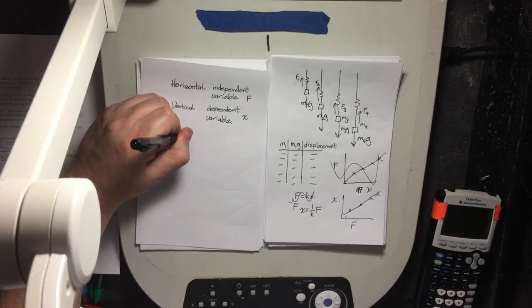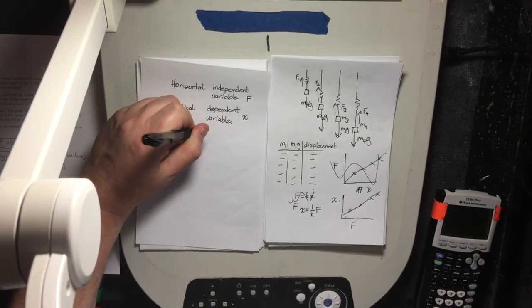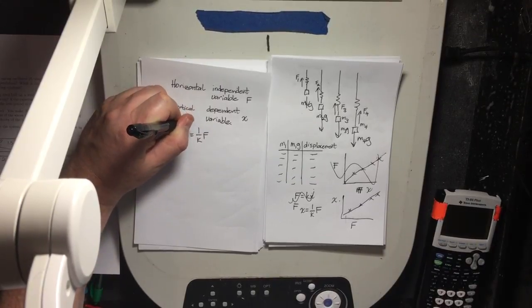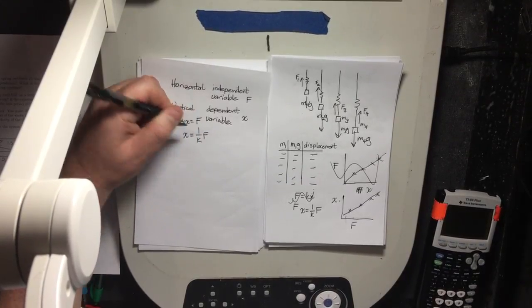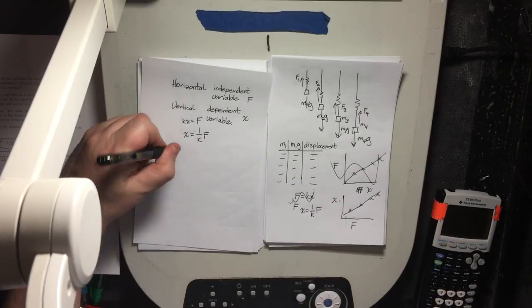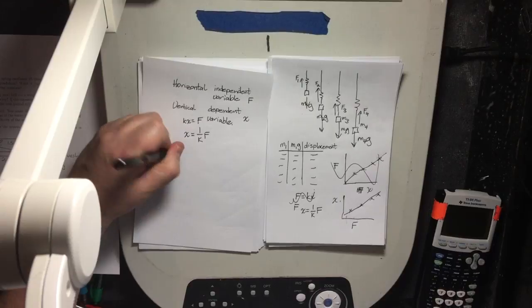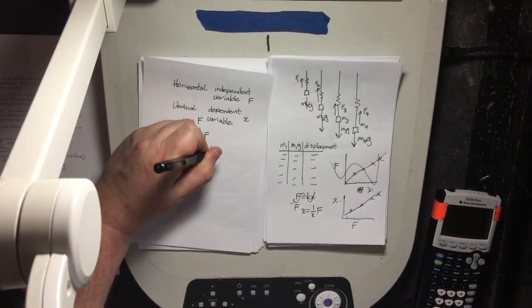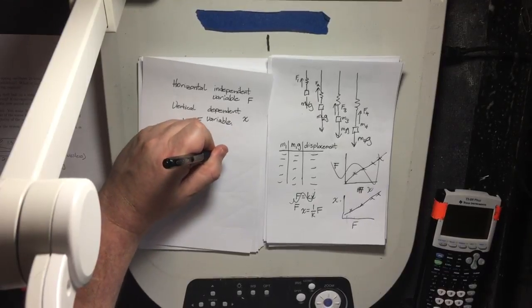Now, the equation is set up, x is 1 over k times F, which just comes from kx is equal to F. When you plot this out, the slope is 1 over k.